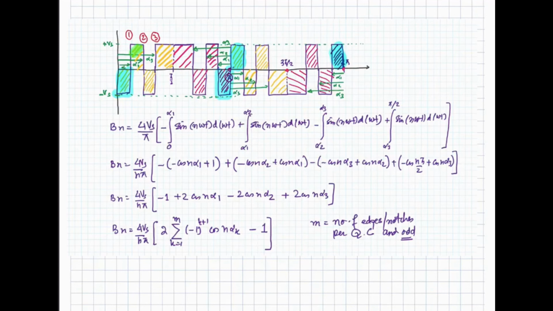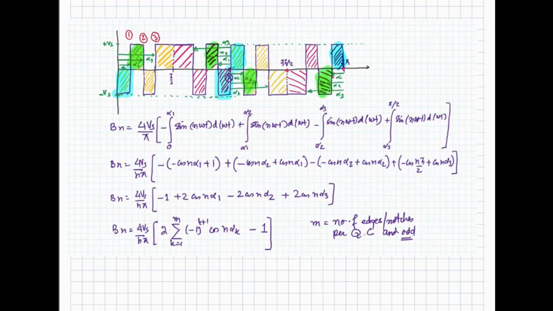And if we look at the second pulse, this will have the angle alpha 2, the same angle will be there in this second quarter, and in the third quarter it will have the angle alpha 2, and in the fourth quarter it will have the angle alpha 2.